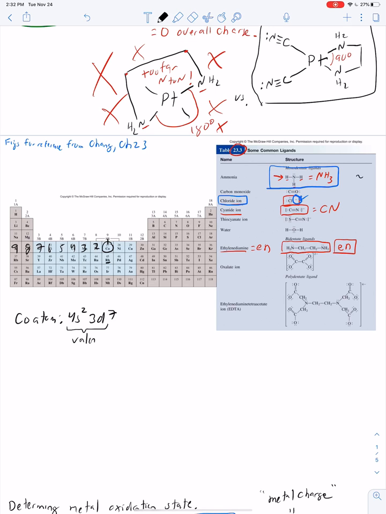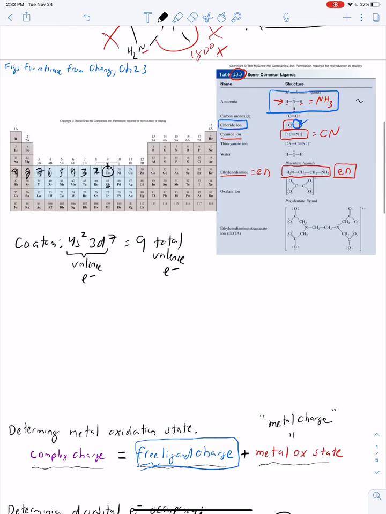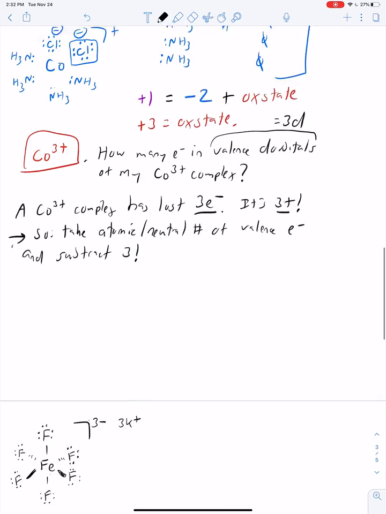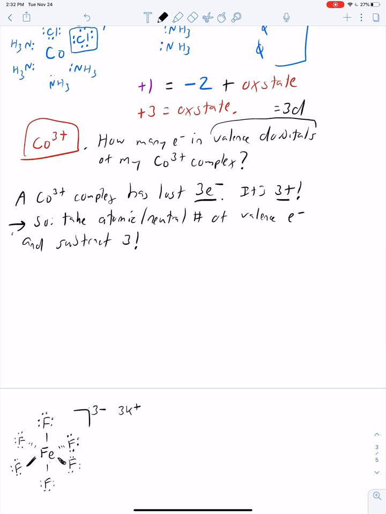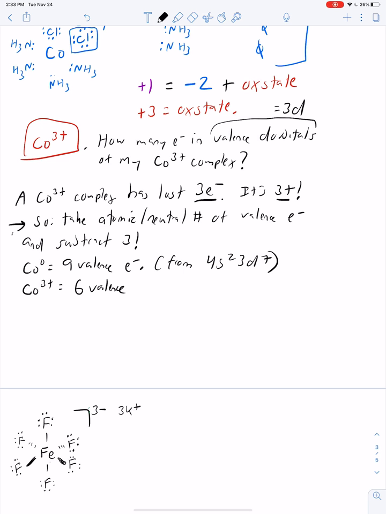These are the valence electrons. In a neutral cobalt atom, there would be 9 valence electrons. And I do need to take into account both the 4s2 and the 3d7 for that. So for cobalt 3+, there's 6 valence electrons, because I've lost 3.